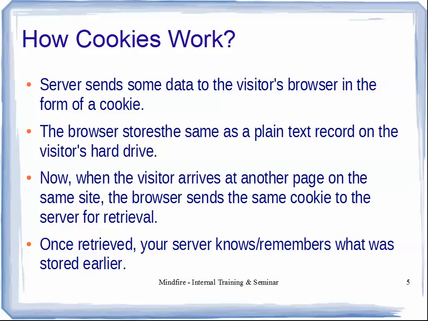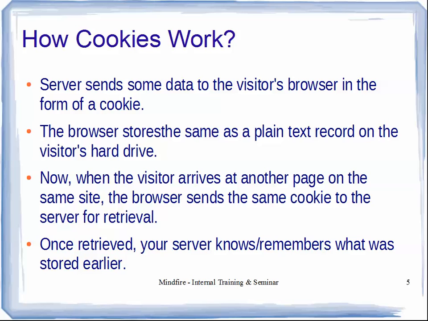So let's say a cookie is already written to the user machine, and for the same domain I visit another page, or maybe the same page. When I request the same page, cookies are sent to the server from the client end, right? So that the server can read those cookies.